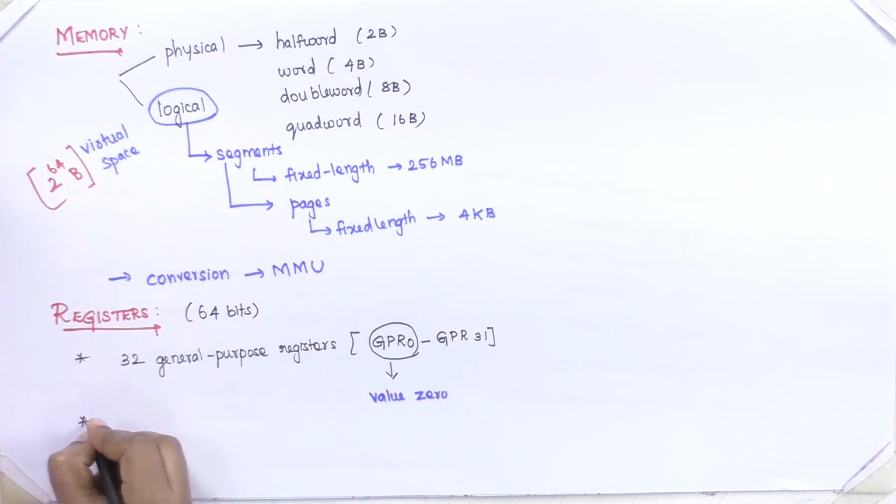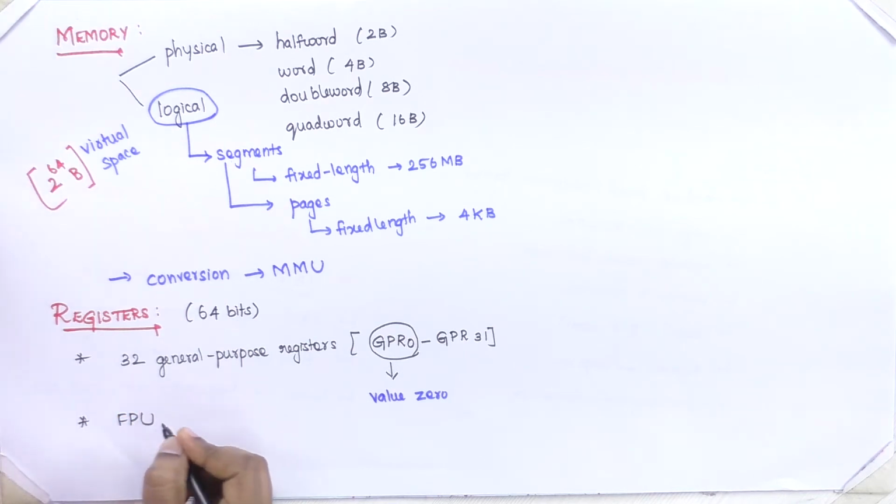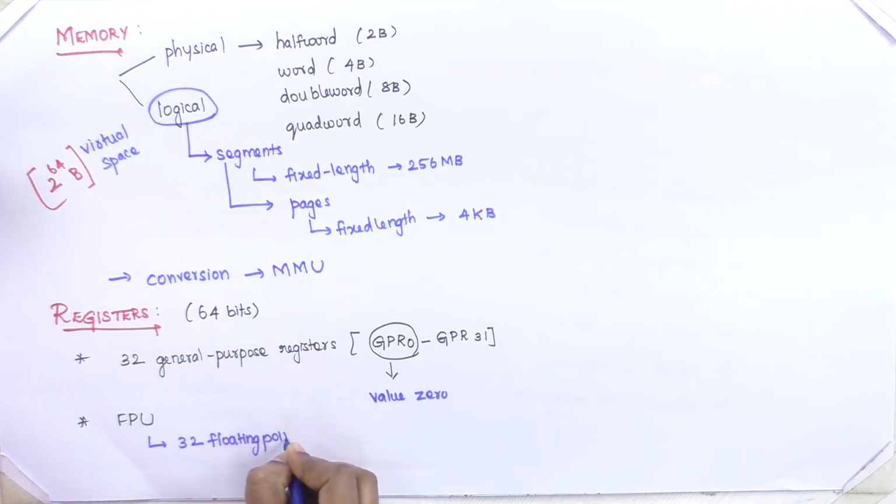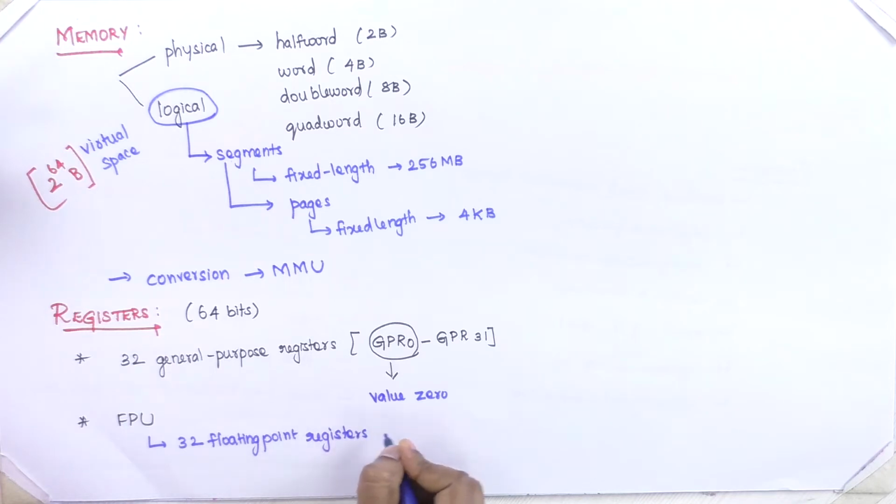Floating point unit. Under the floating point unit, there are 32 floating point registers. All registers are of 64 bits and it also contains status and control registers.